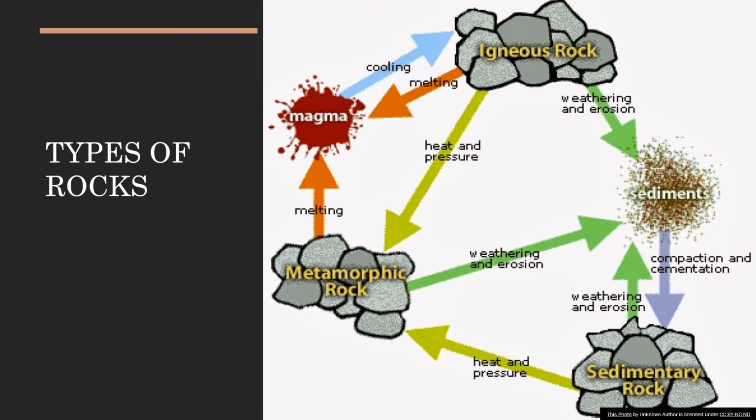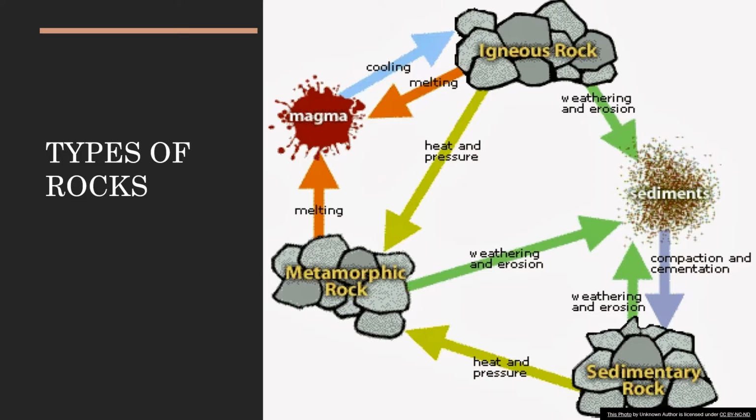Metamorphic rocks are called that because they've changed from either an igneous rock into a metamorphic rock or a sedimentary rock into a metamorphic rock.